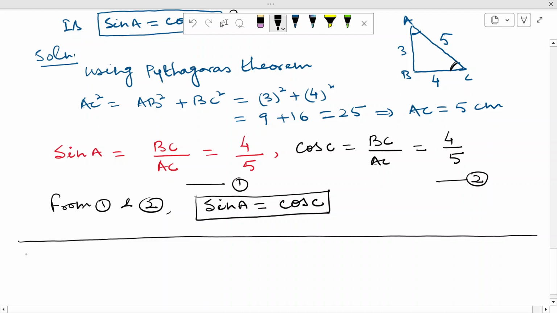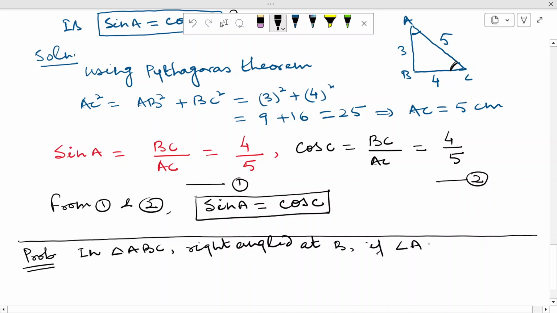Now, consider the next problem. Here in this problem again we are provided with a right angle triangle. We are given that triangle ABC is right angled at B, and we are further given that angle A is same as angle C, which is 45 degree.